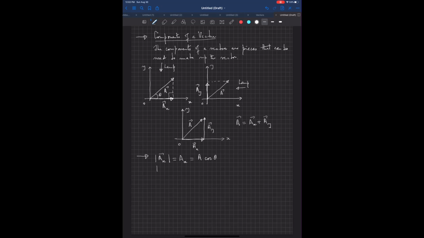Similarly, the magnitude of A sub y, which is A sub y, is A sine theta. Okay?